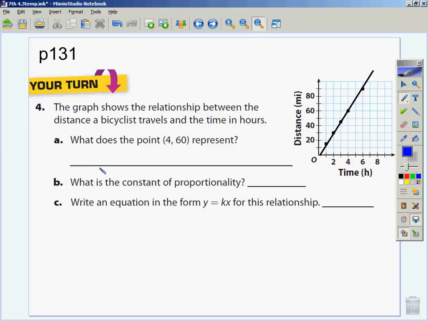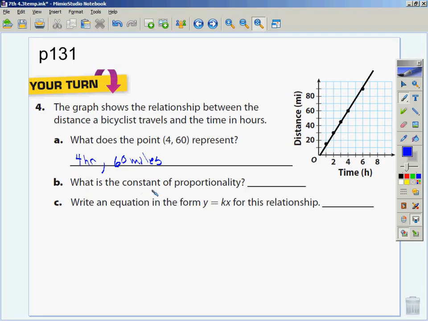Look at the graph, Damien. It says 4 hours and 60 miles. That's what it represents in terms of this graph. Does everybody see that? The 4 hours is the x value. It's on the x-axis. The 60 miles is the y value. It's on the y-axis.